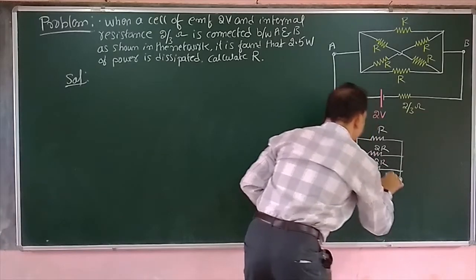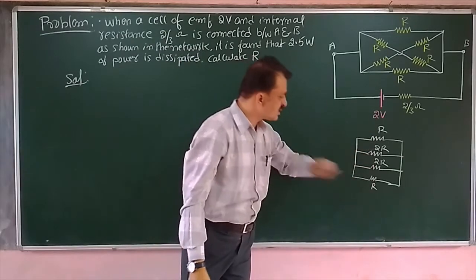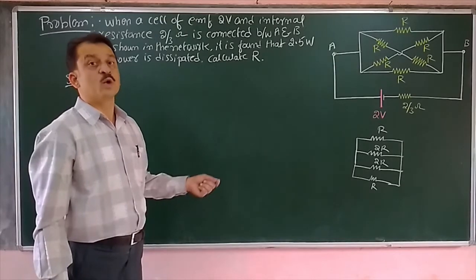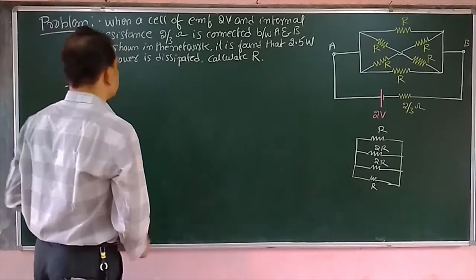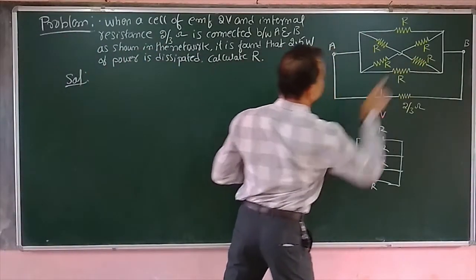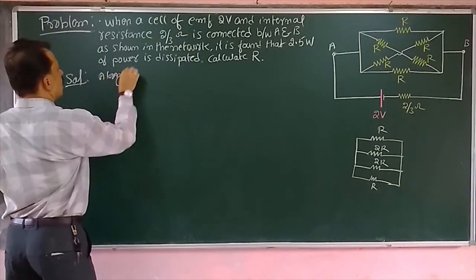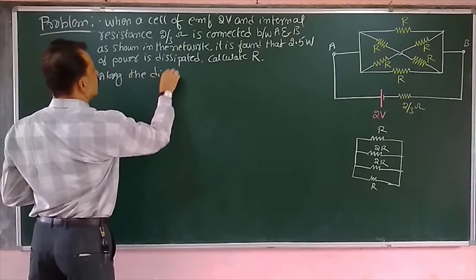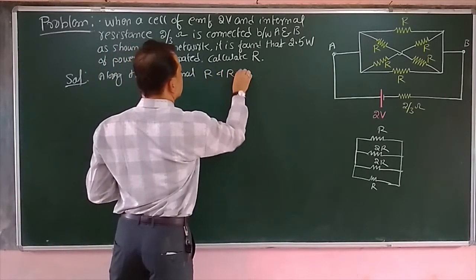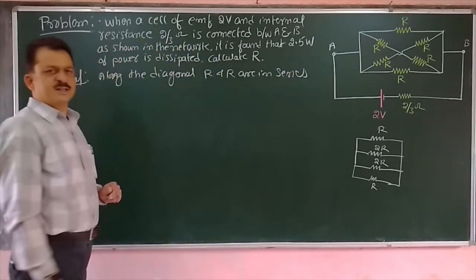Now the circuit reduces to this format. Now all these resistors, they are in parallel. Then we have to work out what is their equivalent. Okay. Solution. First, along the diagonal, R and R are in series.